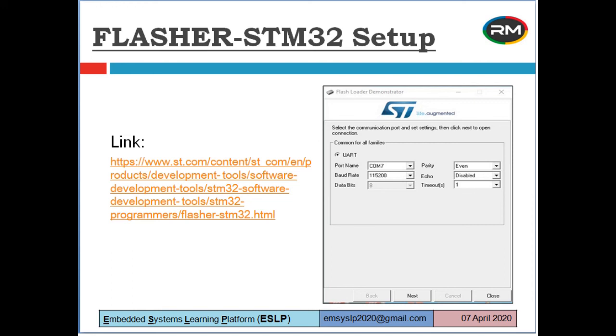It is a very light application and can be installed easily. This software uses the serial port of the PC for the downloading of the compiled code into the microcontroller. The respective software link and a snapshot showing the selected serial port and other configuration parameters is presented here.